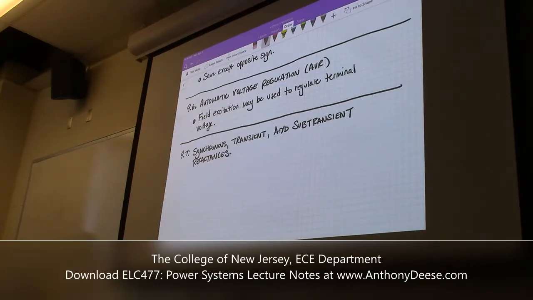With some very bad spelling there. So we've already talked about what the synchronous reactance is, right? That's the value of XS that we had been using in our circuit model so far.